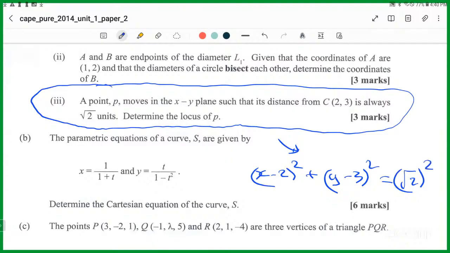That's the equation. A point moving a fixed distance around a point is moving on a circle, where the point is the center and the distance from the point is the radius. Simple as that.